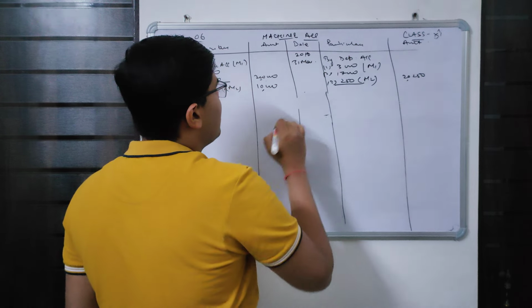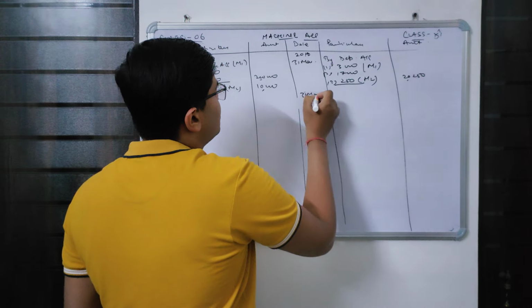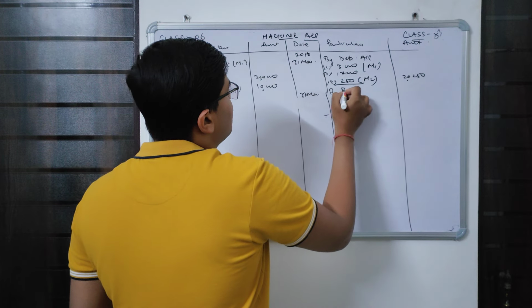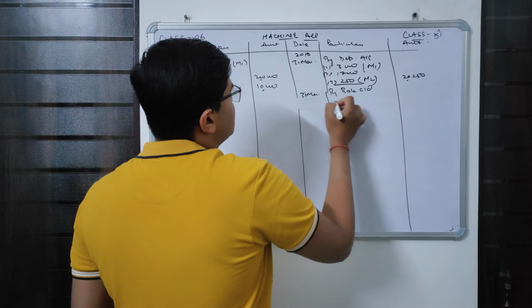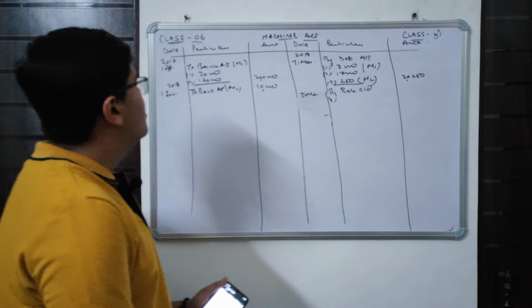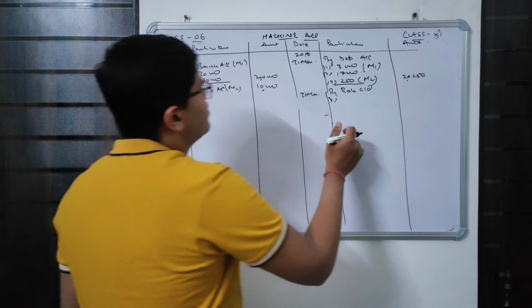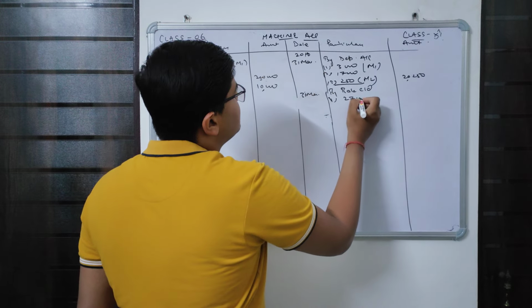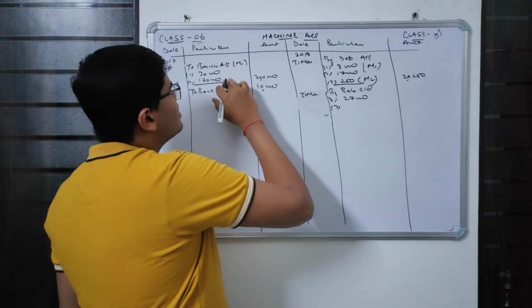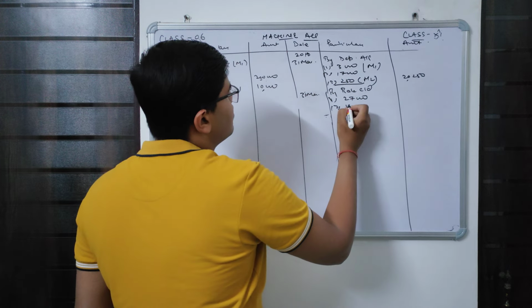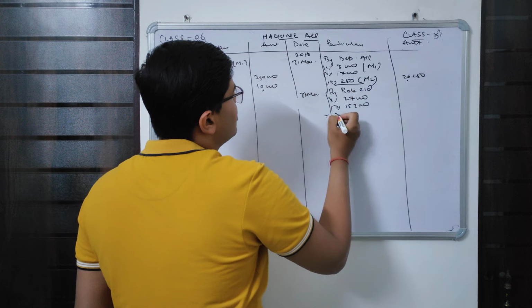Now we'll calculate the balance for it. 31st March, by balance sheet. So the balance carried down will be 30,000 minus 3,000, 27,000. 1,70,000 minus 17,000, 1,53,000.